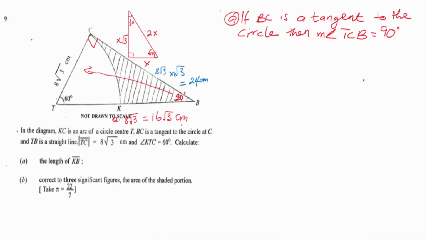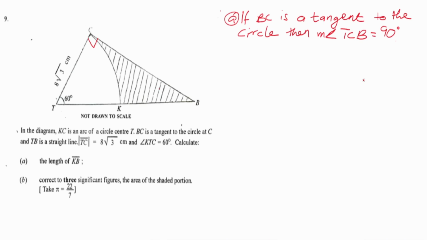But if not, then you can also use SOHCAHTOA to find your missing sides. For example, if I want to find the length TB, which is the hypotenuse of this triangle, this side here is adjacent to the 60 degrees, and this is the hypotenuse. So I'm going to use cos, because cos has adjacent and hypotenuse.